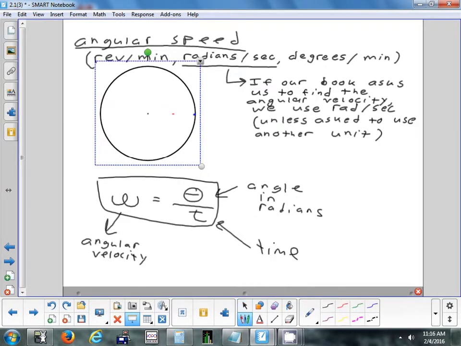In angular speed, our formula looks very similar to what we just had, but instead of velocity, now we have angular velocity. Your book uses this letter that looks like a W, so to match how your book does it, I use the same letter.